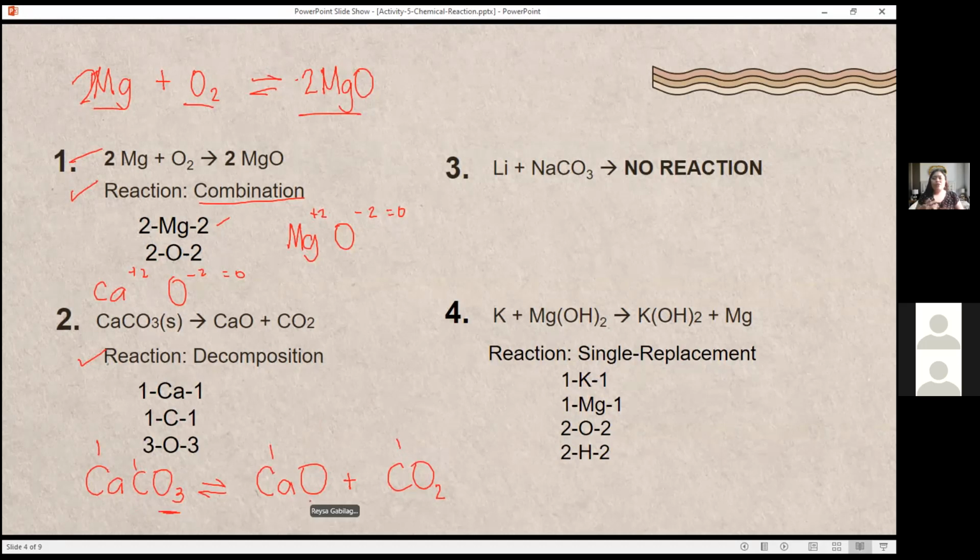So again, this is already a balanced equation. No need to do the balancing. And then actually, I will not require you to write either S or G here. No need to write whether the products will be a solid, a liquid, or a gas. As long as tama inyong product na ma-predict and mabalance ninyo ang equation, okay na po ato.